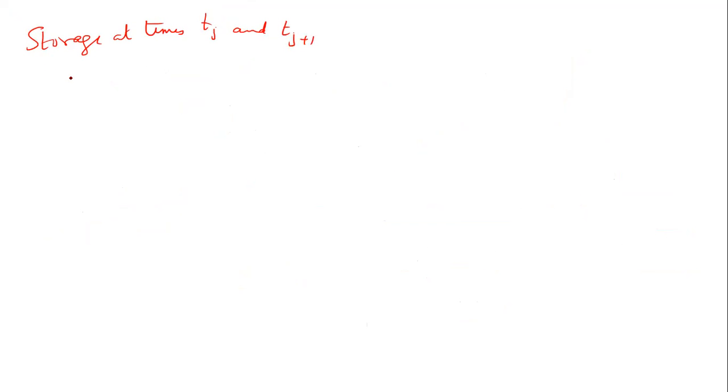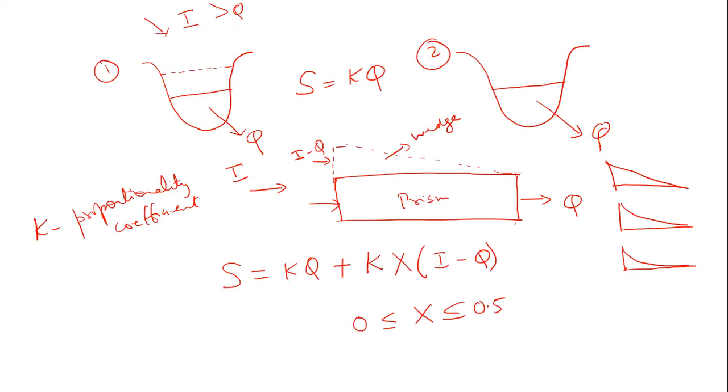So I'm going to write S_j equal to, what will it be, K times. One second, I'll just expand this term out.